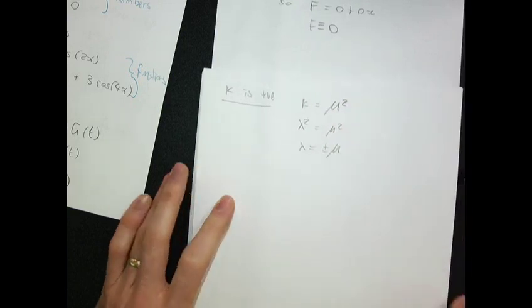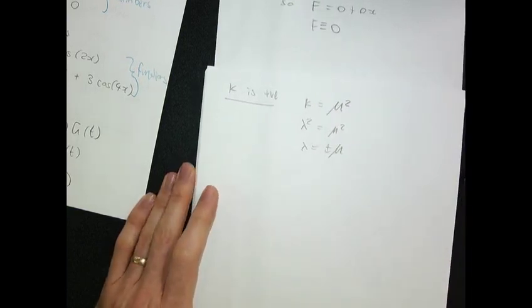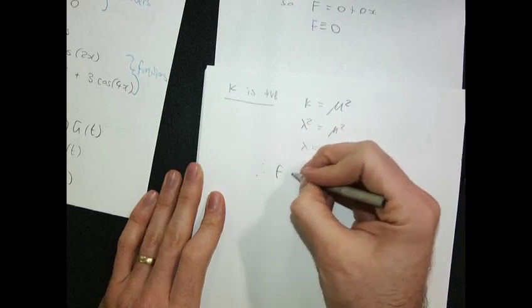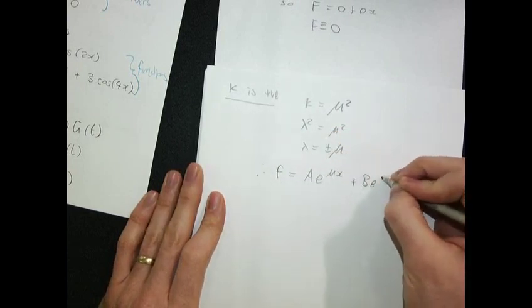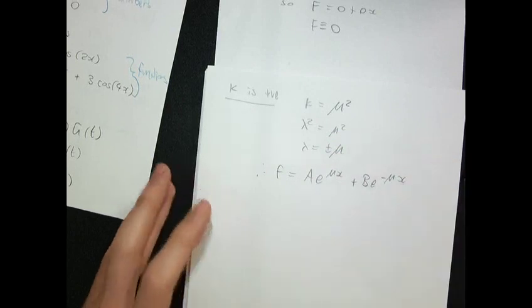So I've got two real solutions for lambda, and so therefore f is going to be a e to the first real solution x plus b e to the second real solution x. Okay, and that's from our knowledge from the past. That's where all our hub central chairs are. All right, bring them back later. So that's my solution this time. And now I'm going to use my conditions again.